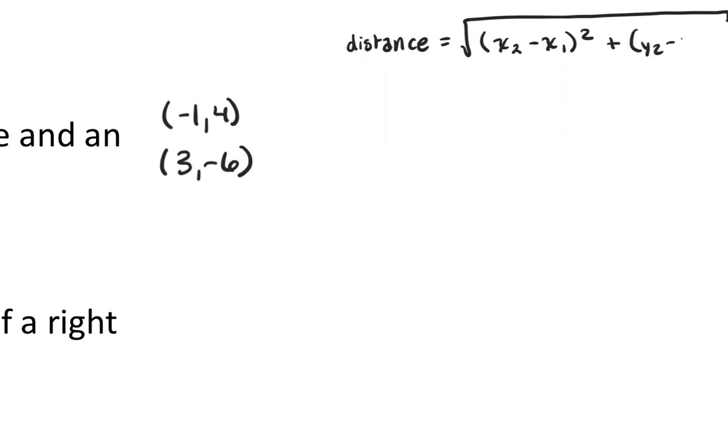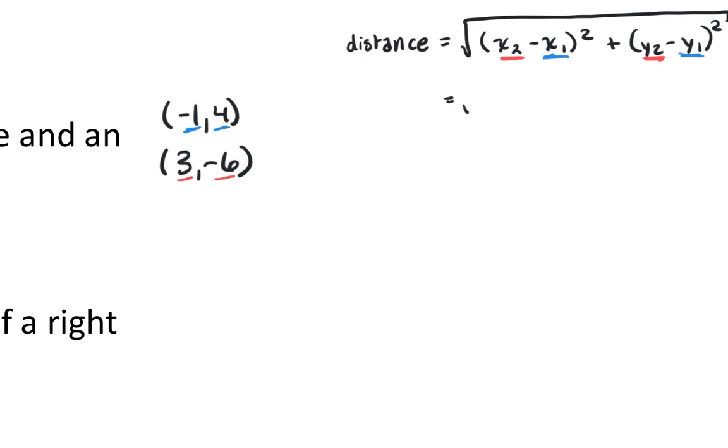So the distance formula states that you can find the distance of 2 points by using this formula, the square root of (x2 minus x1) squared plus (y2 minus y1) squared. So we simply will plug in what we know. So this x2 and this y2 we'll call these 2 points, and this x1, y1 we'll call those 2 points.